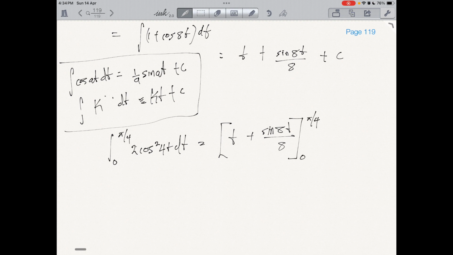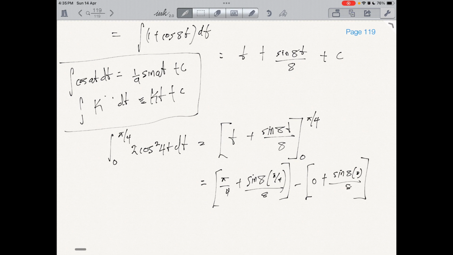So we can input our upper limit and lower limit, and putting that in, we'll have pi over 4 plus sine 8 into pi over 4 divided by 8, minus 0 plus sine 8 into 0 divided by 8. So simplifying this will give us our answer to be pi over 4.